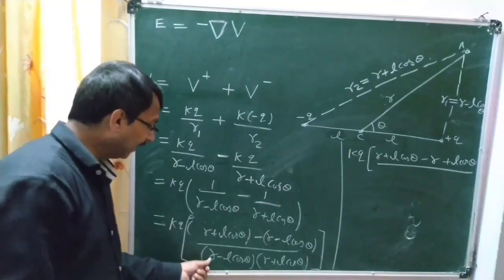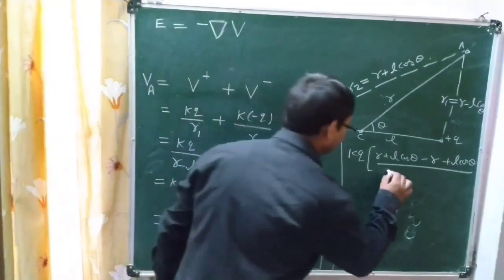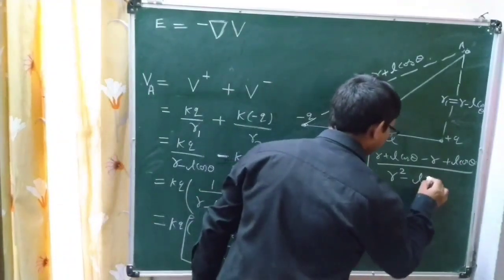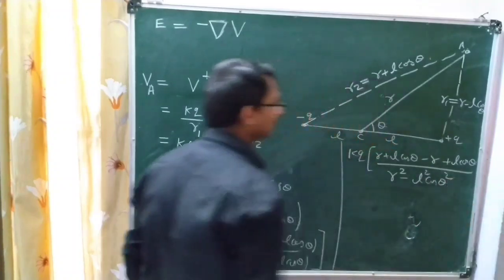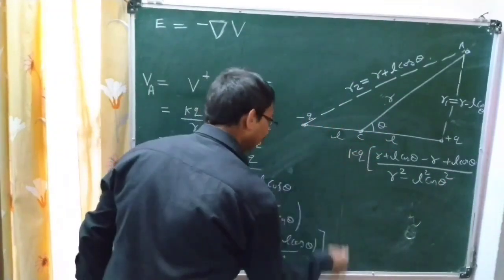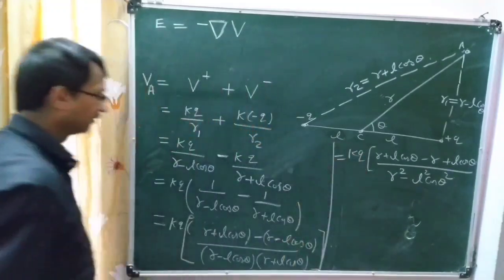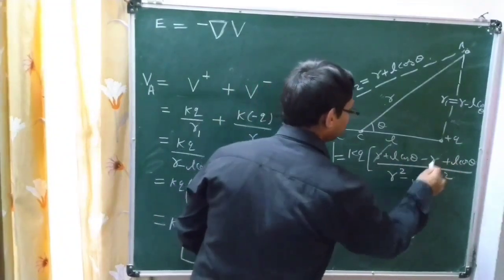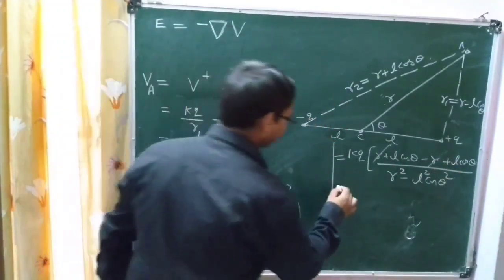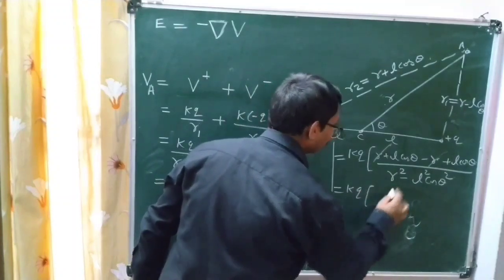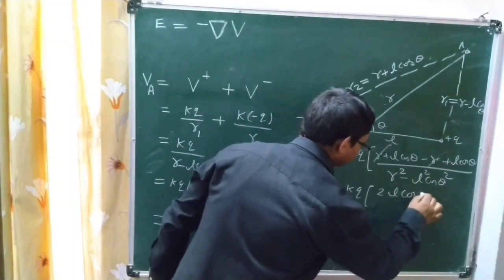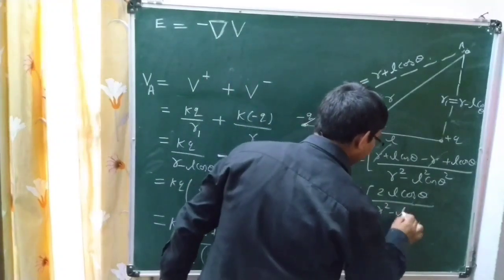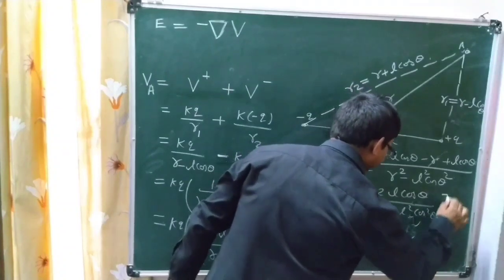So it can be seen as r square, the first term's square, minus the second term's square, like this. Now this results in, you can cut this r with this r. Now we have kq into 2L cos theta upon r square minus L square cos square theta.